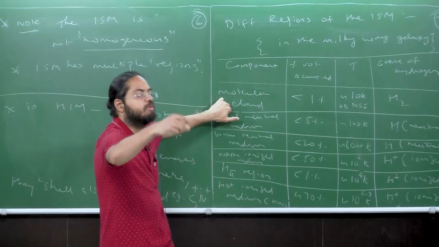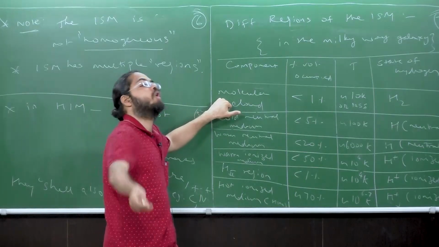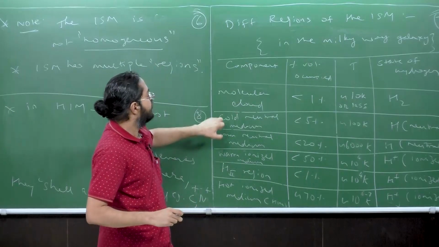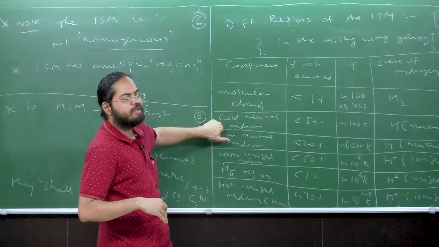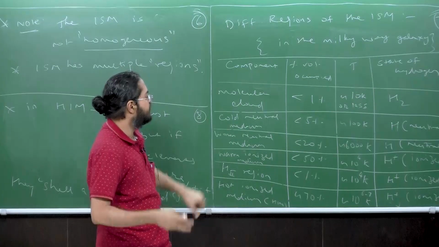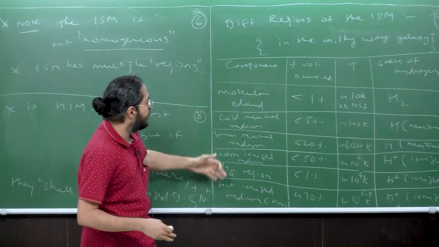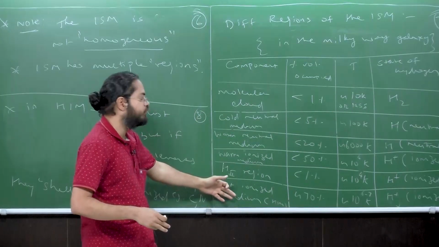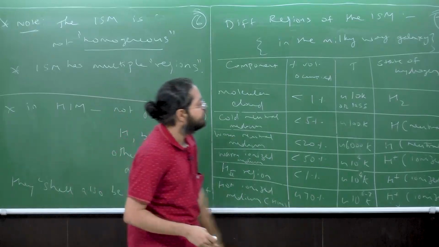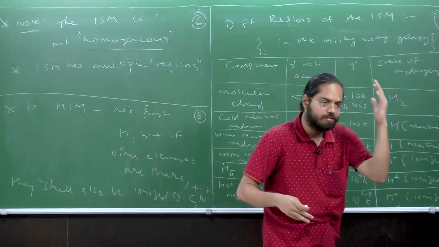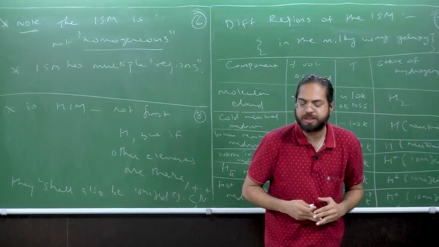So this is the most important region, you can kind of say. Not just that, the cold neutral medium also has to play some role. But beyond that, in the warm neutral medium, warm ionized medium, H2 region, hot ionized medium, etc., the chemistry is predominantly that of hydrogen, H plus, and perhaps He also.